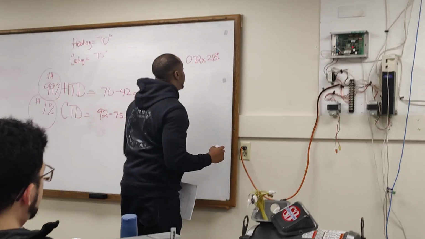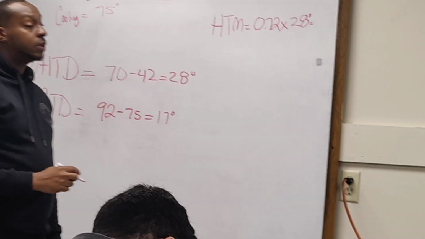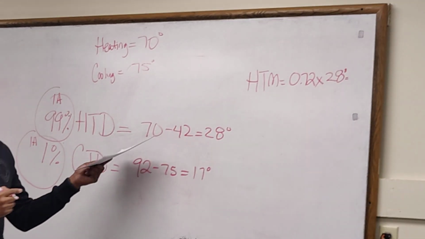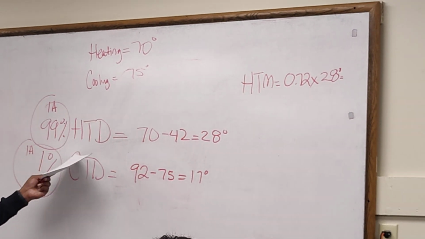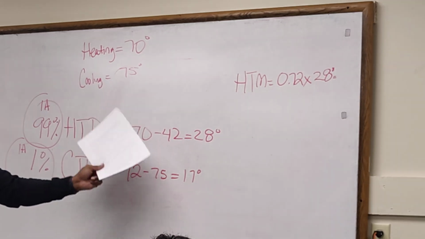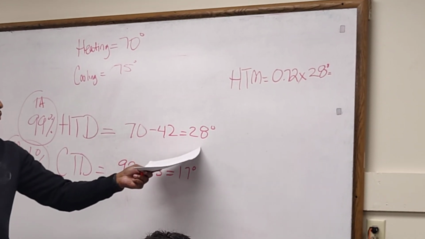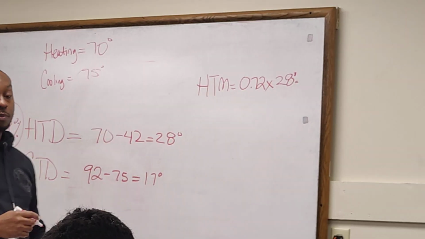So what's the answer? I'll put it in the calculator real quick. Did everybody understand how I got here? You found the U value, and then it told you to multiply that times the heat temperature difference. You found the heat temperature difference by taking the design temperature minus what that chart gave us. We got that number, and you plug it into the formula.